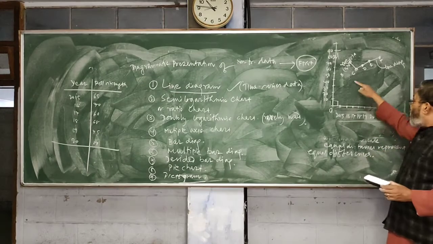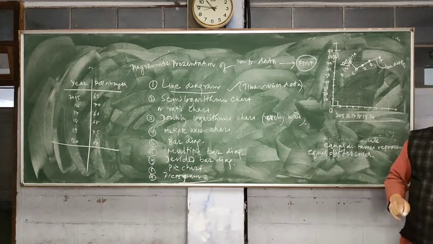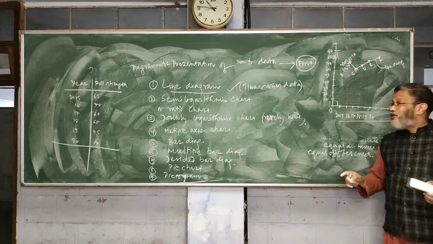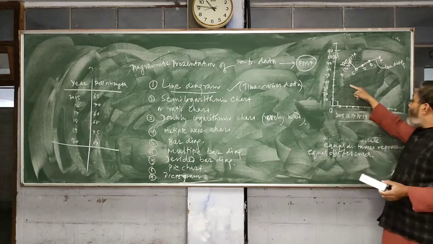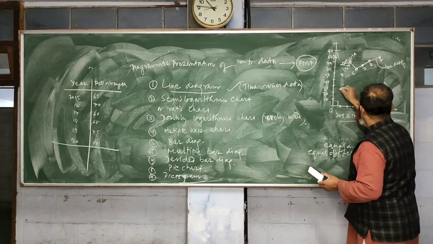Okay? For this diagram, if you want to show girls and boys separately, we can get another diagram for girls, another diagram for boys. Like this. I can say it may be like this.